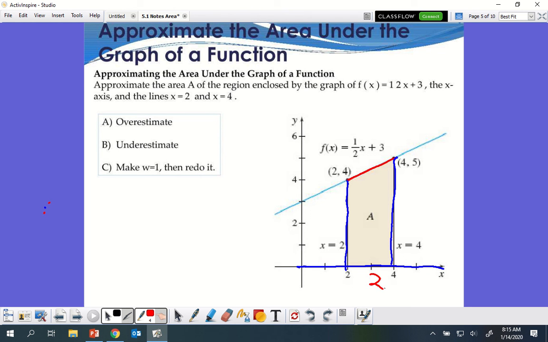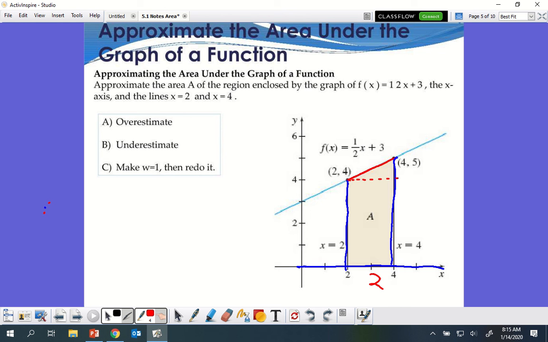But what about my height? Not 3. 4. Okay, I could do a 4. So if I'm going to close it right there, it would be 2 by 4, which is going to give me 8.